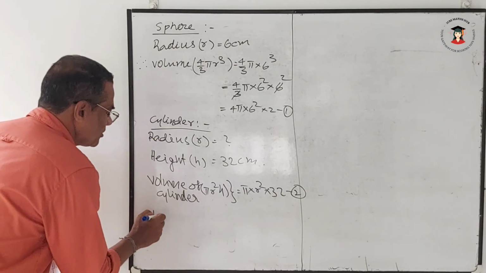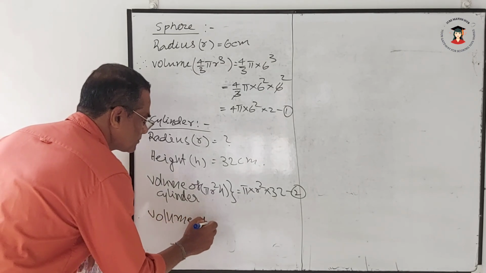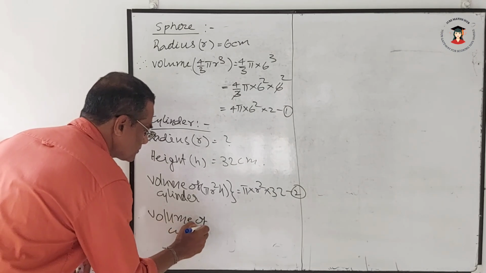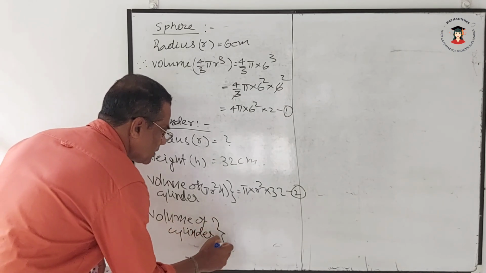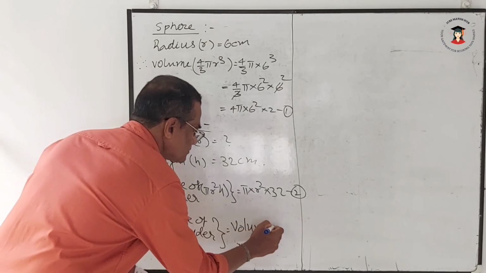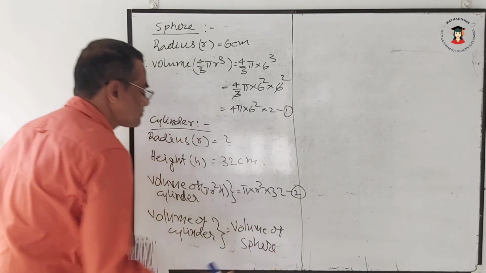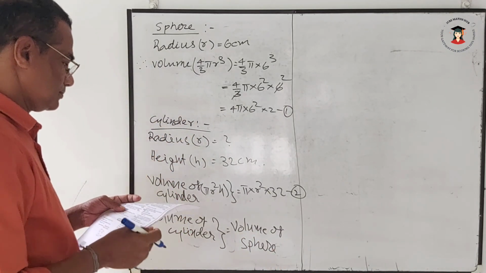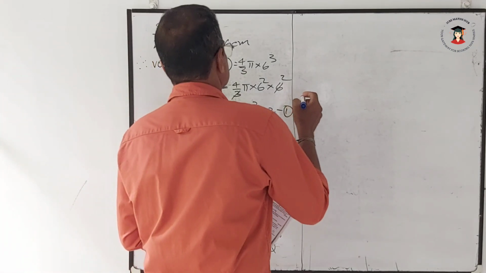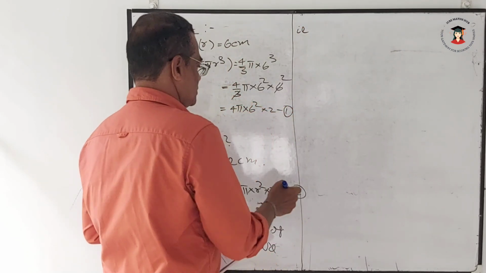That is volume of cylinder equal to volume of sphere, that is 2 equal to 1.